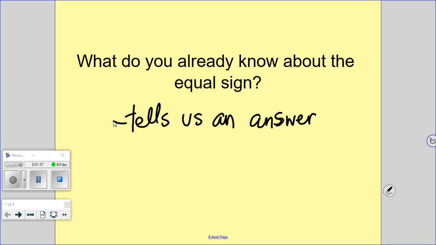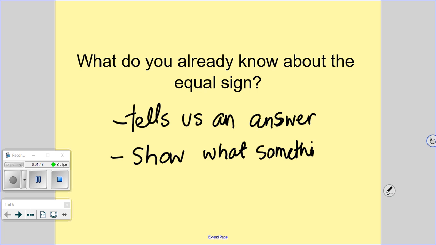Yeah, so we use the equal sign to show what something is worth. So in our mental math, we might have used the equal sign to show what our Twitter symbol was worth, or what the value is.